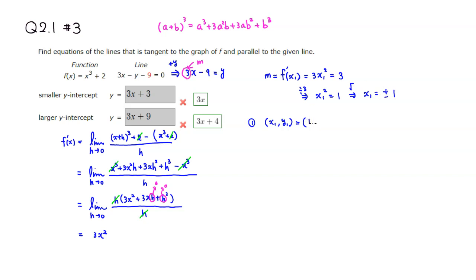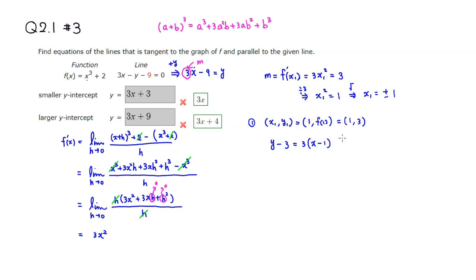If x1 is 1, how do we find the y value? All we have to do is plug into the function. So f of 1 is 1 comma, plug in 1: 1 cubed plus 2, so that's 3. So that's the point, and we already know that the slope is 3, so we can write the equation. y minus y1, which is 3, is equal to the slope 3 times x minus x1, which is 1.